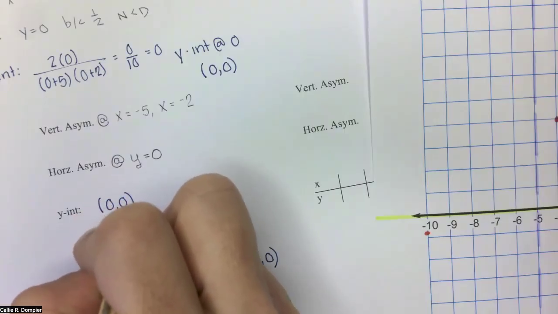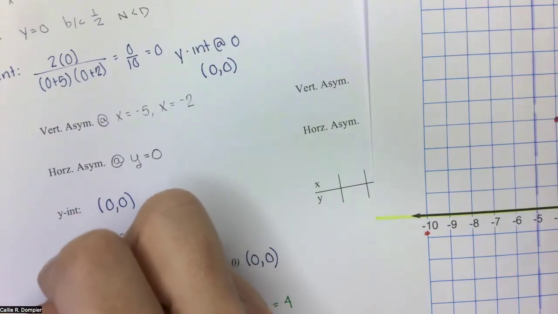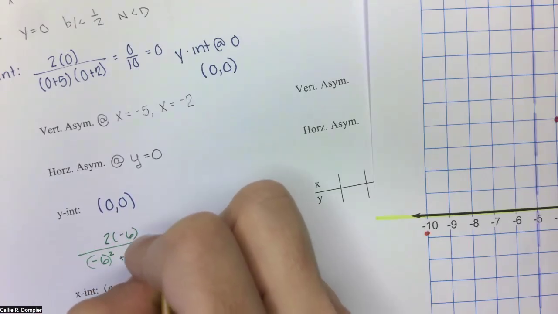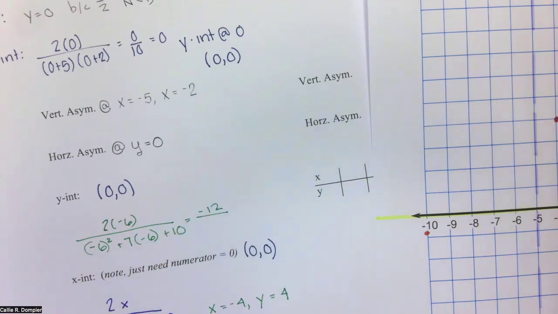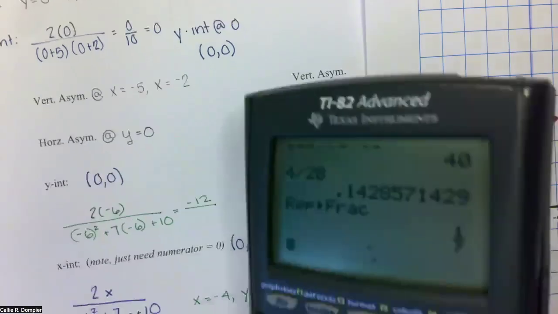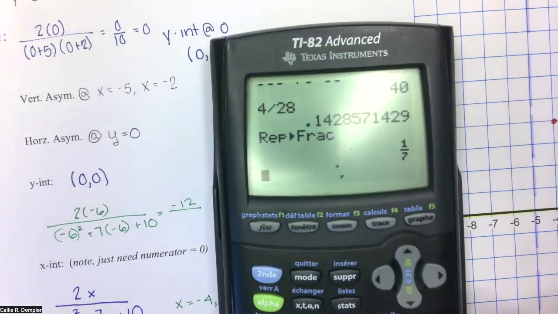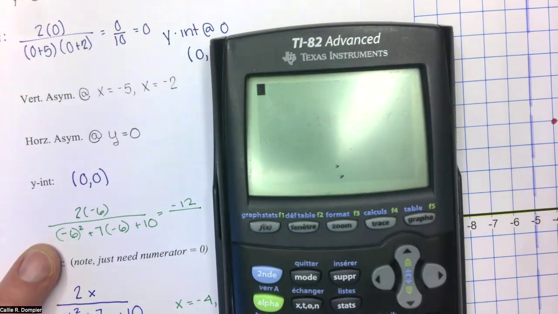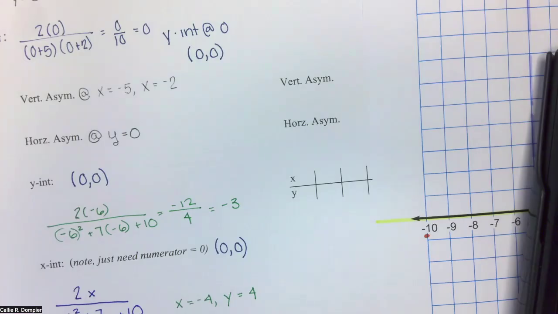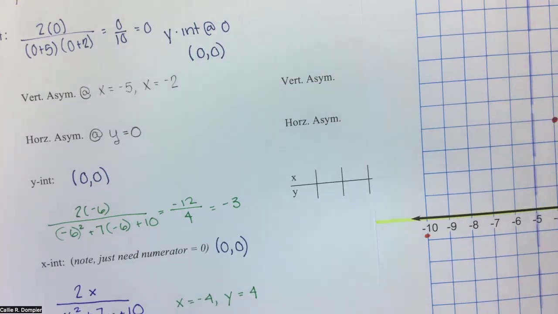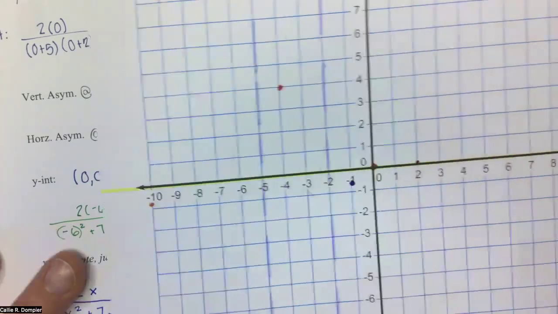So 2 times negative 6 over negative 6 squared plus 7 times negative 6 plus 10 would be negative 12 over 36 plus 7 times negative 6 plus 10, 4. So negative 12 over 4 is negative 3, right? So when x is -6, y is -3.